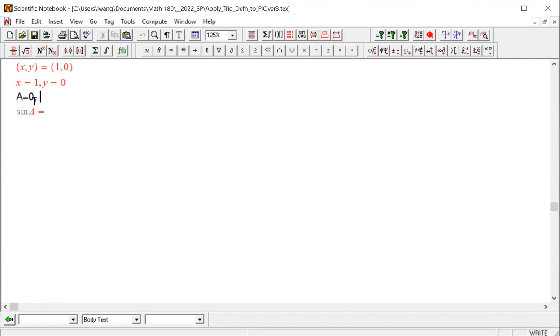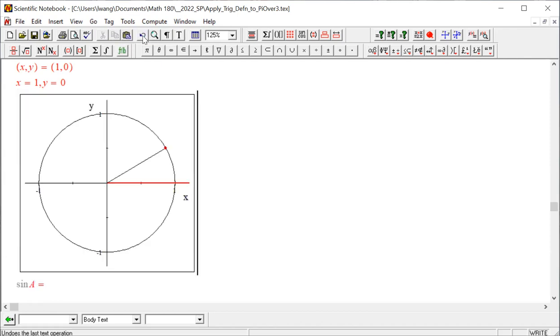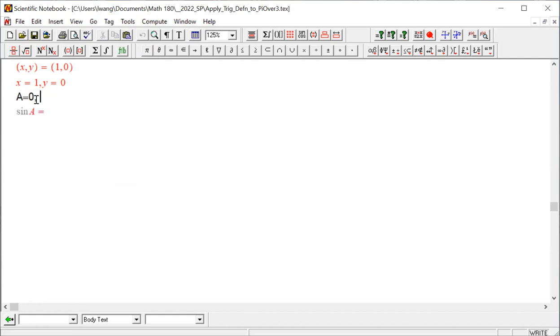Sorry, A could be 0, 2 pi. It could be positive or negative 2 pi and so on, or positive or negative 4 pi. They all terminate in the same place, etc.